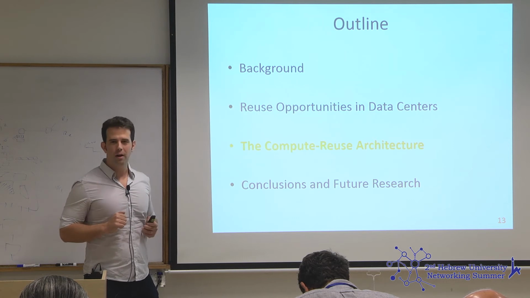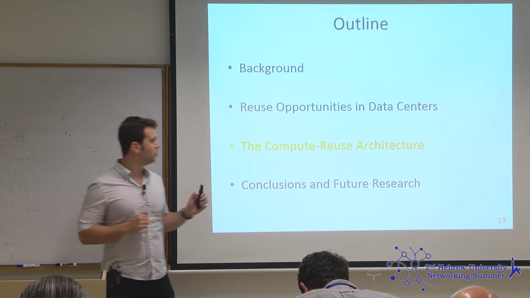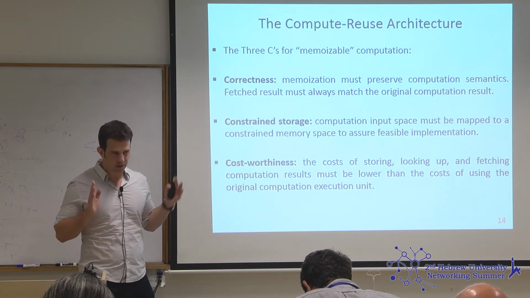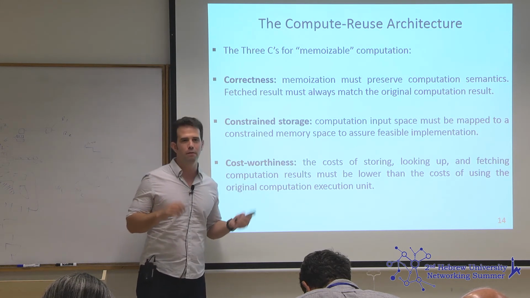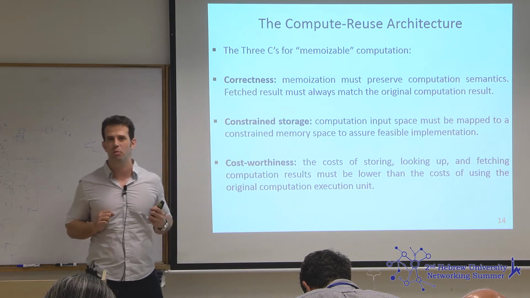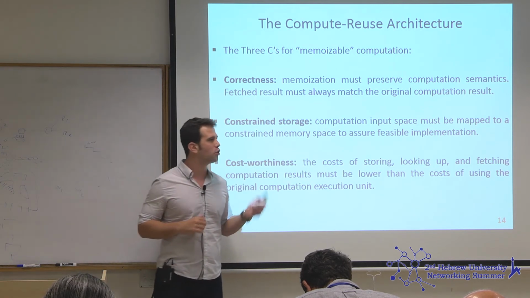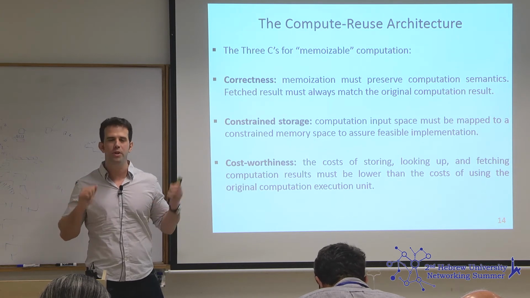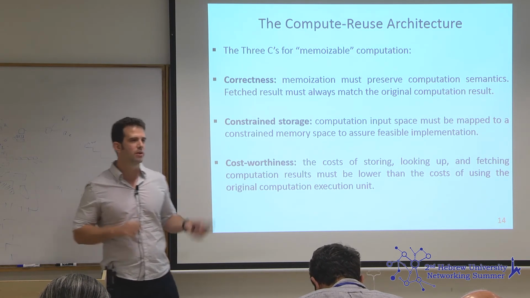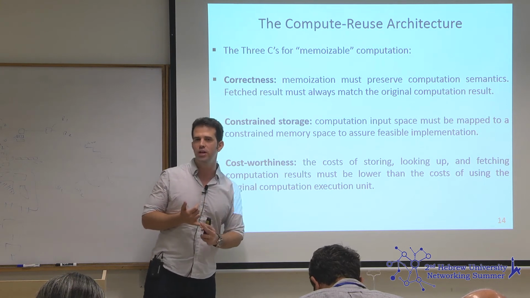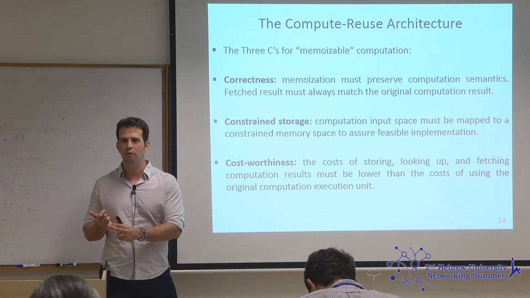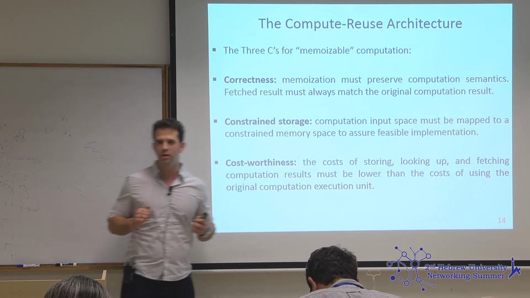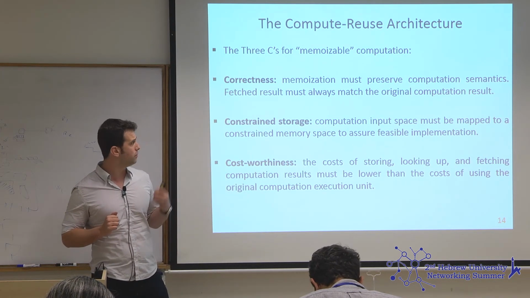So we formulated what is called a compute reuse architecture. In order to develop this memoization scheme, we need what we coined the 3 C's of memoization. First of all, we need correctness, because not every computation is correct to memoize. Why? Because there are all sorts of constraints on global state and side effects, which memoization is really prone to errors from.